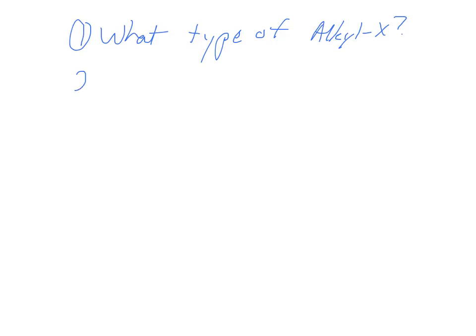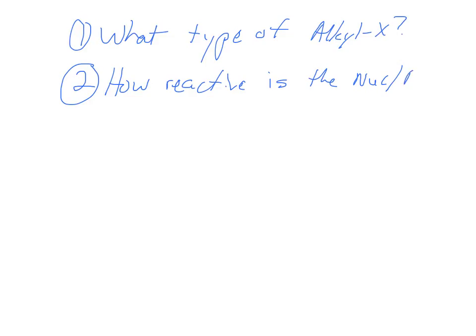The second question I would ask, if that doesn't completely help you, is how reactive is the nuke/base? Because we don't know if it's a nucleophile or base yet, but asking how reactive it is helps. If something has a negative charge, that makes me think E2 or SN2.